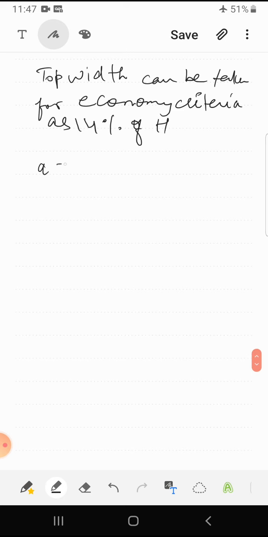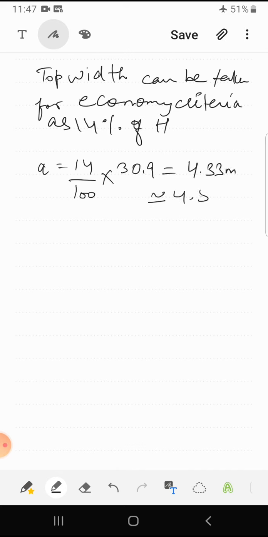Now A equals 14 by 100 into total height of dam, which is 30.9, so it is equal to 4.3 meters. Rounding it off, we have taken 4.5 meters. Now calculating base width of elementary profile.